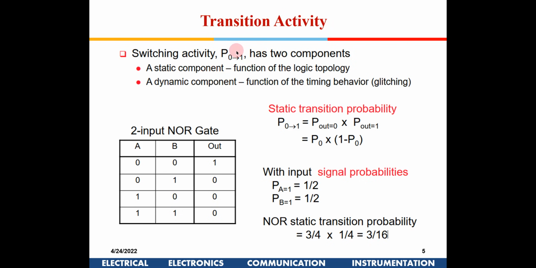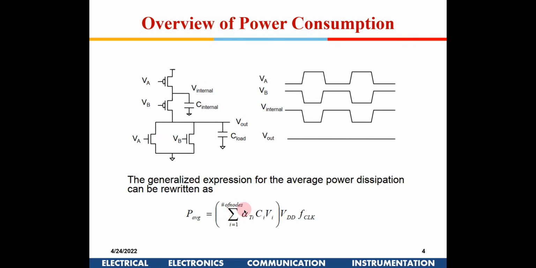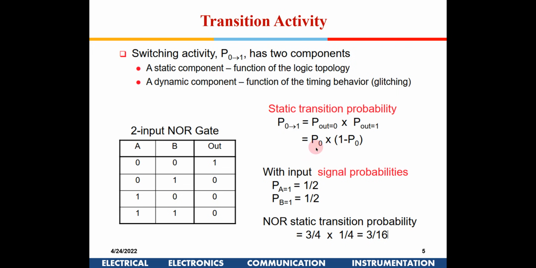Now let's try and understand the transition activity a little more. Say for a NOR gate, these are the inputs. 0 0, 0 1, you have a 0. So only for 0 0 you have a 1, and for all other three combinations it is 0. Now if we assume that the probability of A being 1 is half, and B being 1 is half, that is, equal probability, then the static transition probability, that is this alpha we are trying to find out, is when the output goes from 0 to 1.